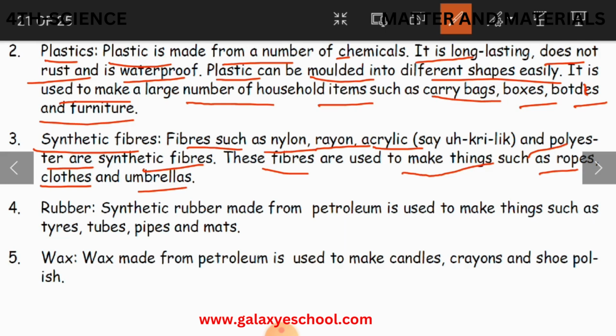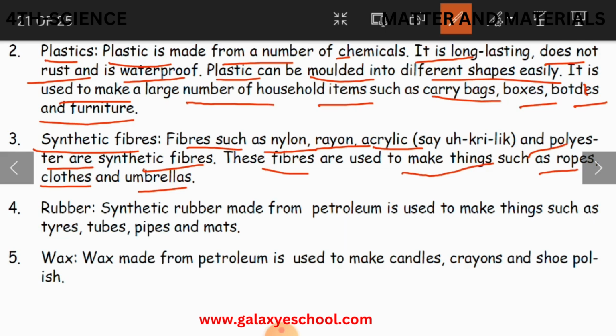You might have seen the material of an umbrella. It is not like cotton, that is a synthetic fiber. So these are man-made things, like even the synthetic fiber and rubber. In rubber also you have synthetic rubber, which is made from petroleum.